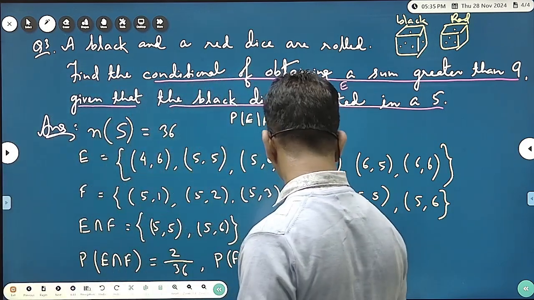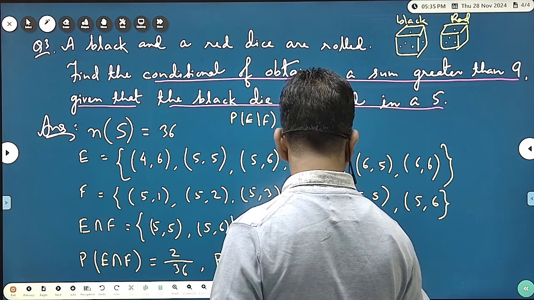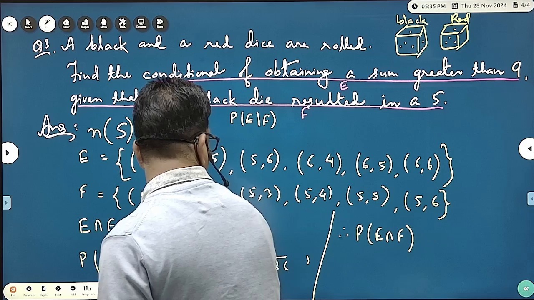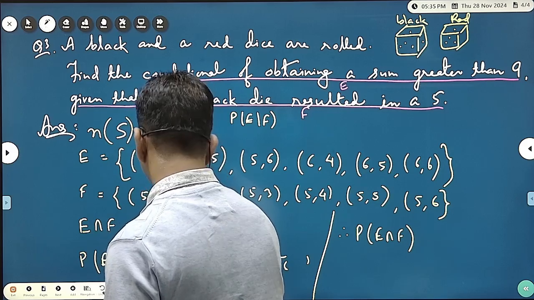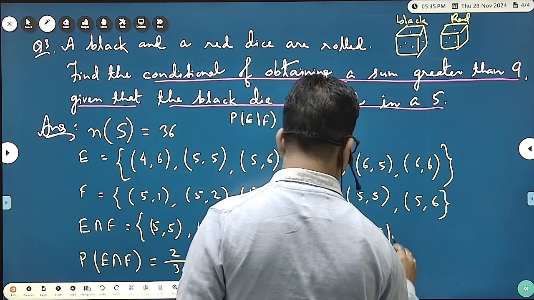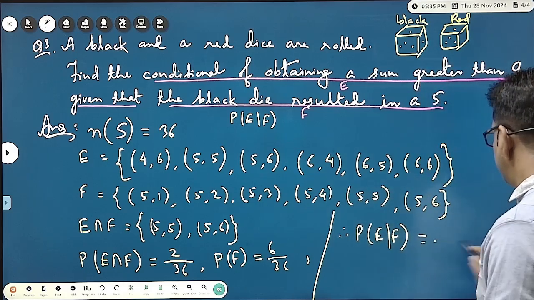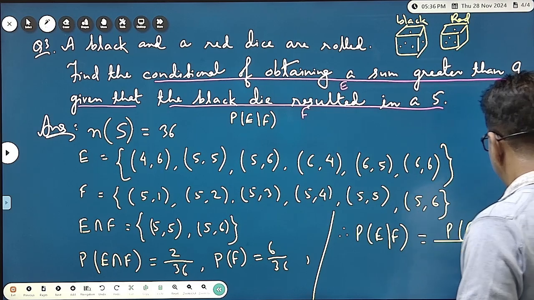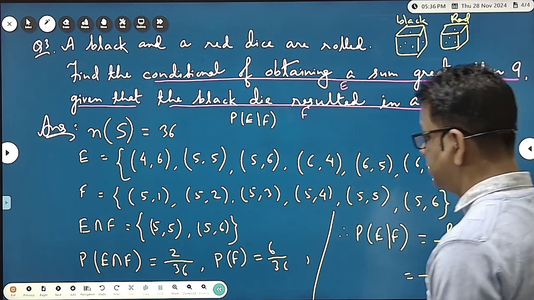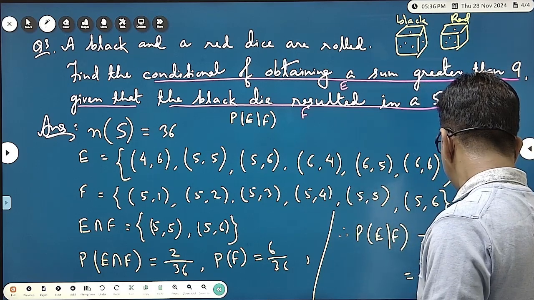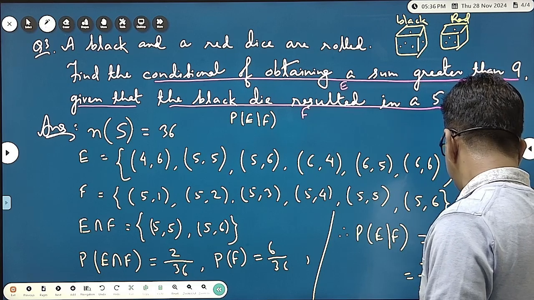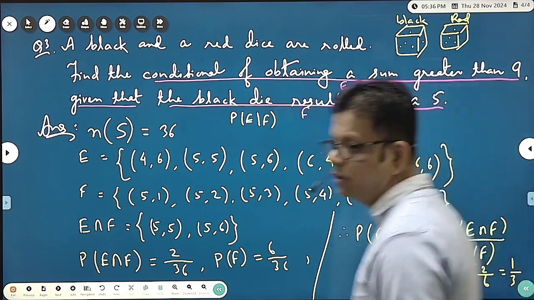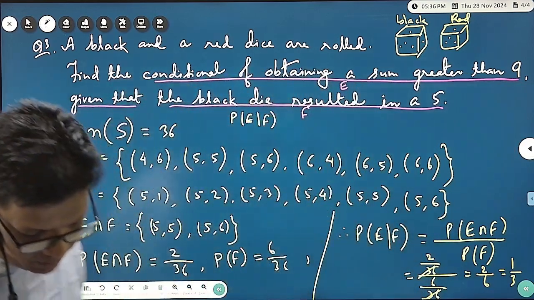Therefore P of E given F, that is the question, is P of E intersection F divided by P of F. P of E intersection F is 2 by 36, and P of F is 6 by 36. The 36 gets cancelled. 2 by 6 is 1 by 3. This is the conditional probability, as I said, on page number 401.